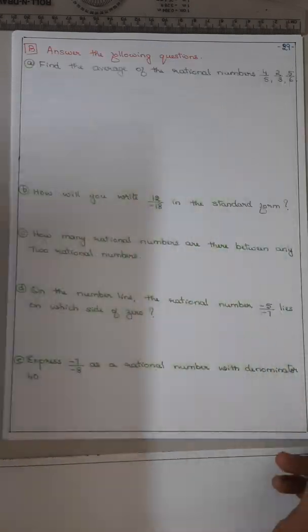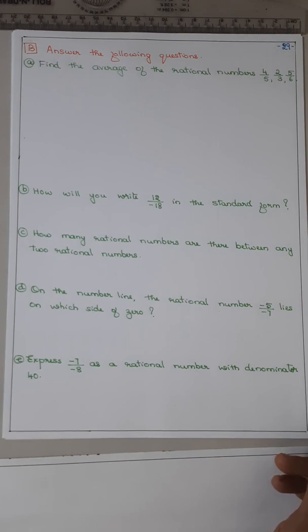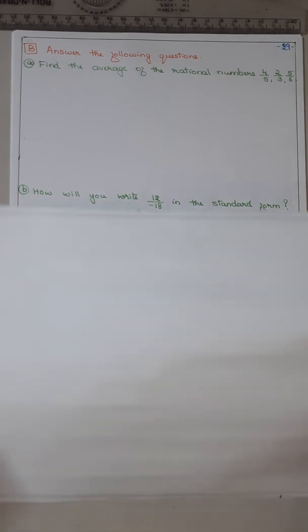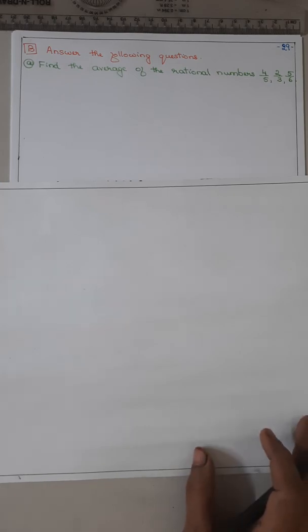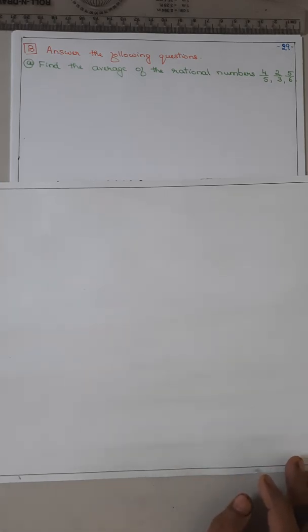Now coming to question number 1B. Answer the following questions. Find the average of the rational numbers 4 by 5, 2 by 3, 5 by 6. So average. How to find out the average? Add all and divide by the number.